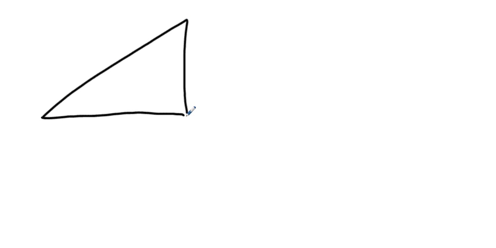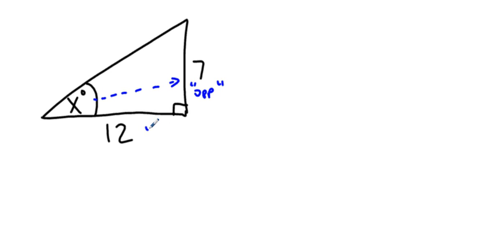Similarly, if we had a right triangle and we knew that this length was 7 and this length was 12 and we wanted that angle, we would again think to ourselves, from the x degree angle, this is the so-called opposite side, this is the adjacent side that slides right up along against it, and you've got the hypotenuse, the longest side of the triangle.